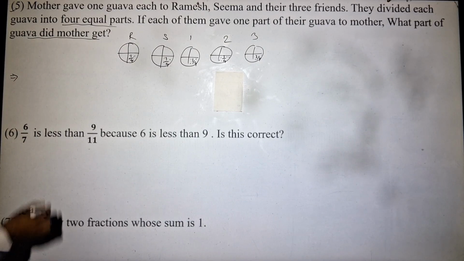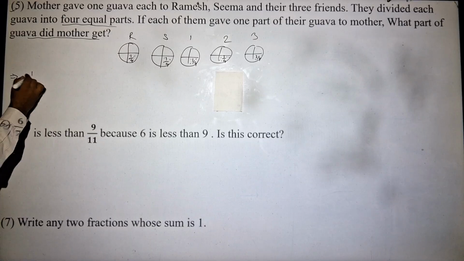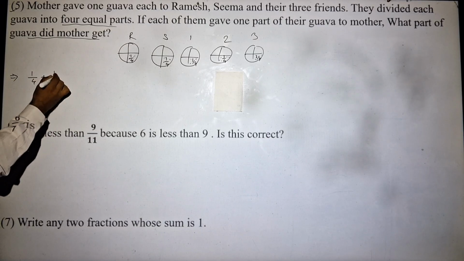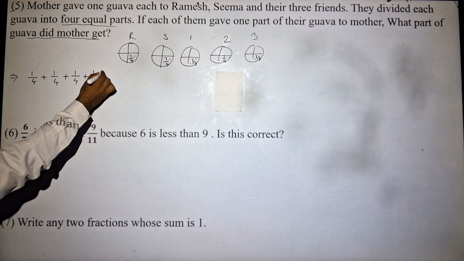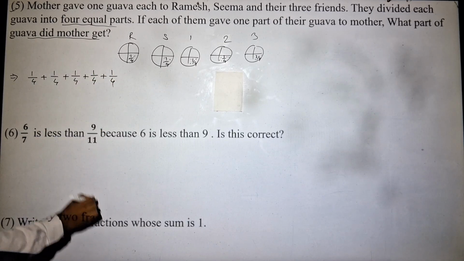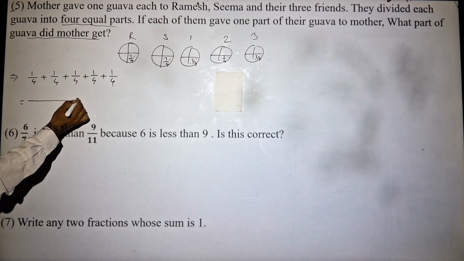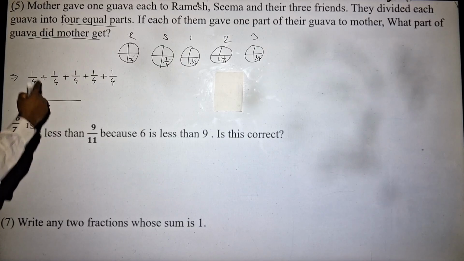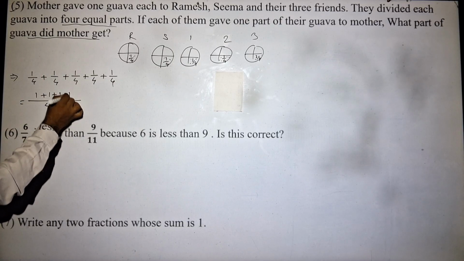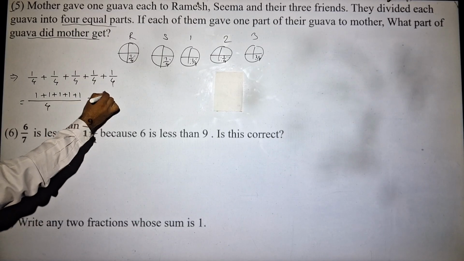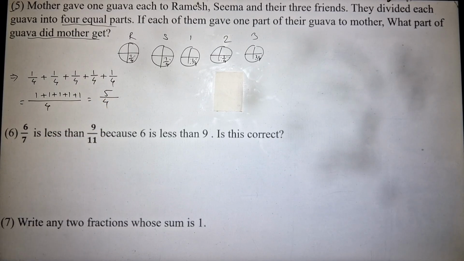Now here 1 by 4 plus 1 by 4 plus 1 by 4, how many times? 5 times. We get the answer as the denominator 4 is the same, 1 plus 1 plus 1, 5 times. Okay, the sum is 5 by 4.